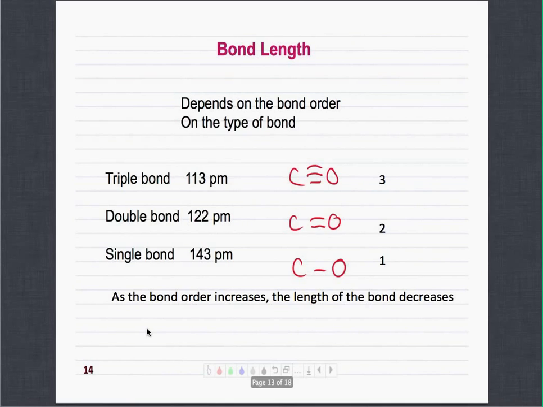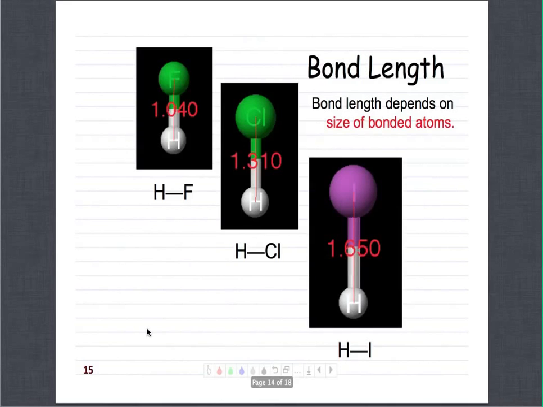Okay. Now let's see how the bond length would be affected in another case. Let's say I have HF, HCl, and HI. In all of these cases, the bond order is 1. The numbers that are there are in picometers, and they represent the length of the bond in each case.